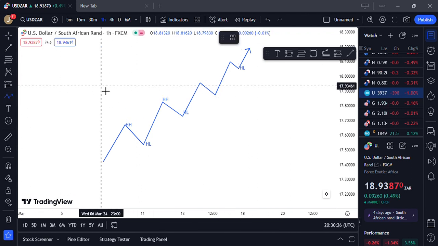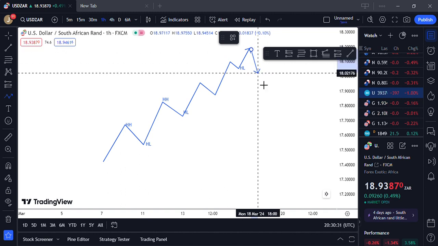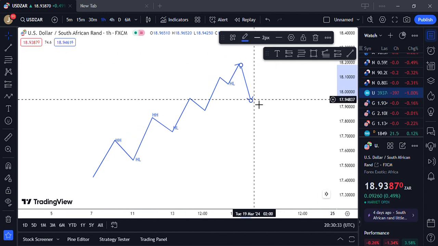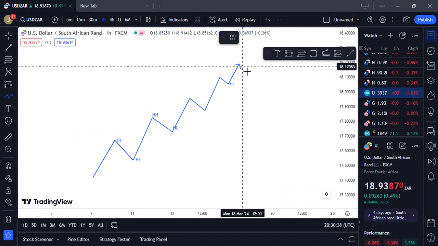We can only start saying it's a downtrend when price starts doing this.